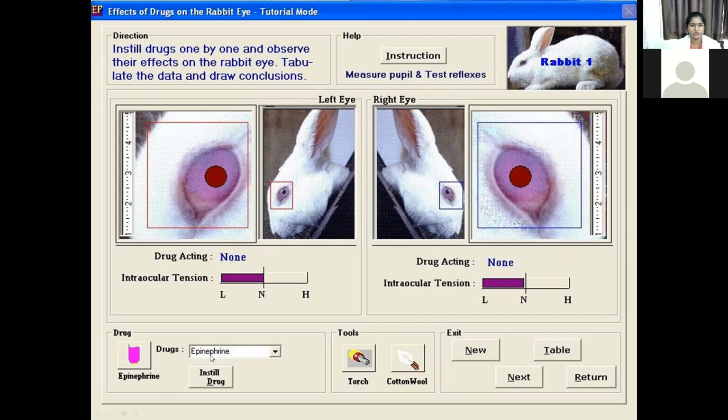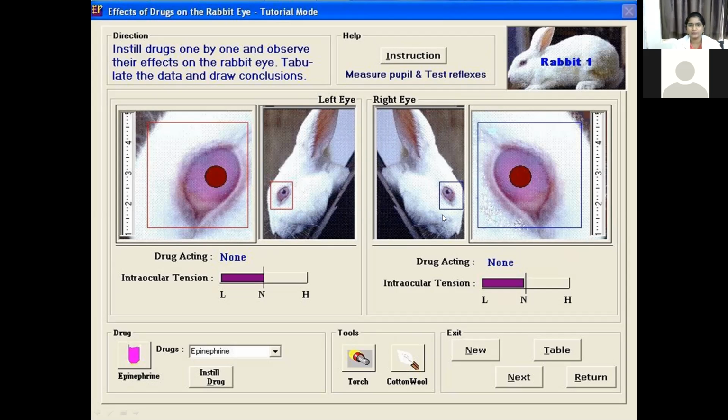Then you choose the instill drug option, and immediately you will get these two eyes of the rabbit, left and right. The left eye always serves as the control eye, in which we instill normal saline.